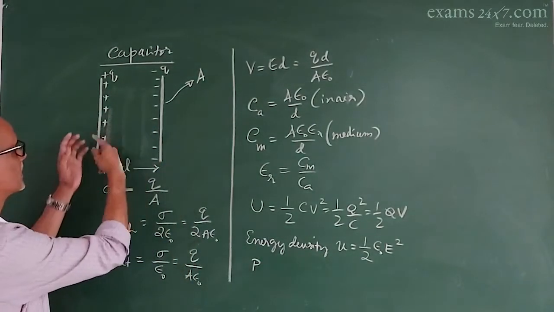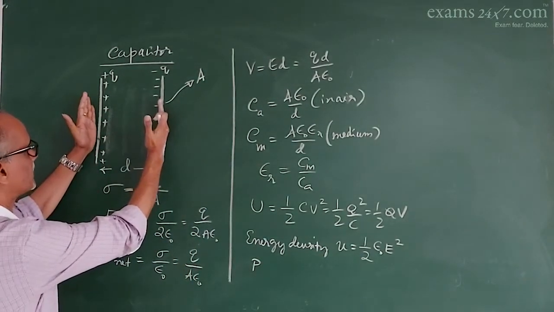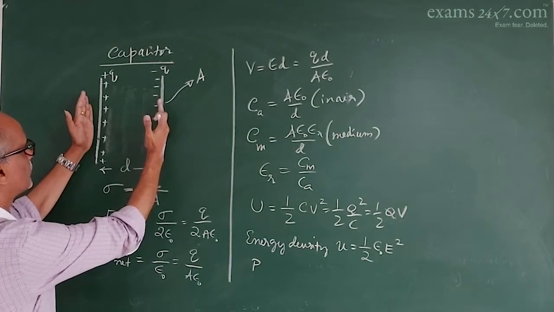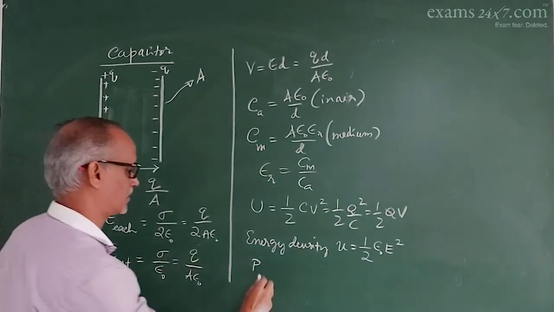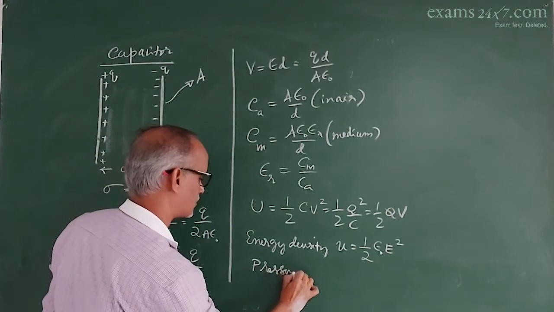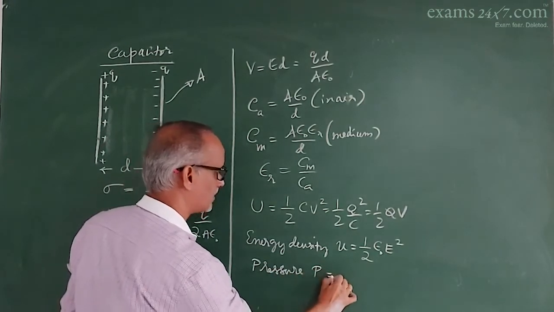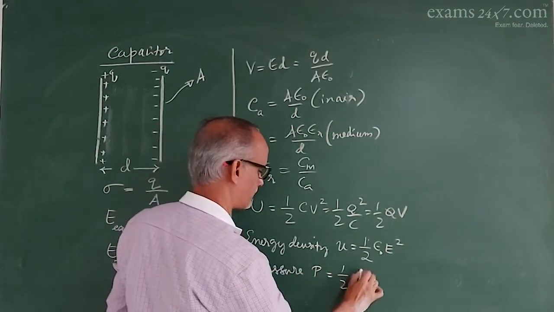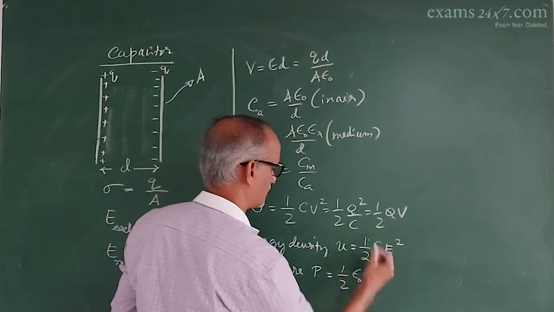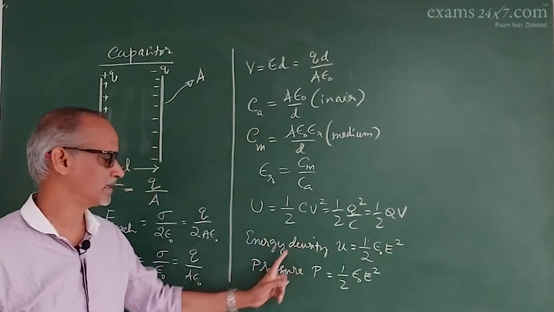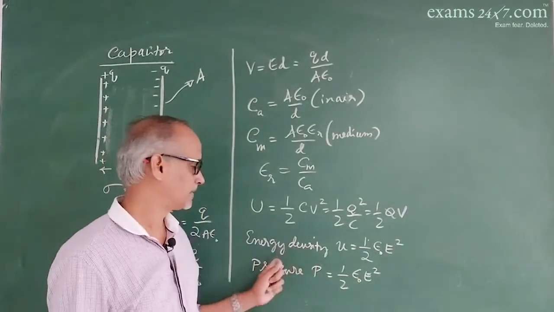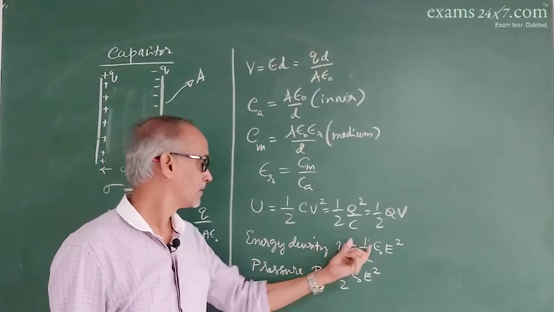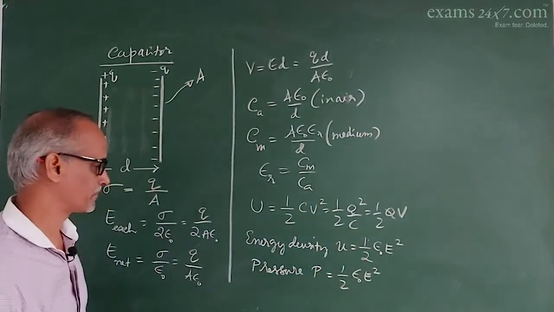These two plates exert force normally, and normal force per unit area is called pressure. So the formula for pressure P is also equal to half epsilon naught E square, because energy density and pressure have the same dimensional formula, so their magnitudes are the same.